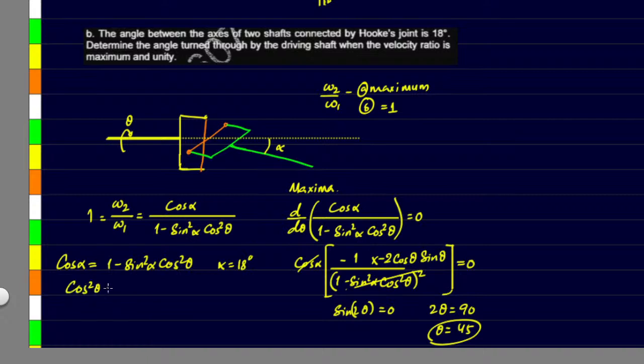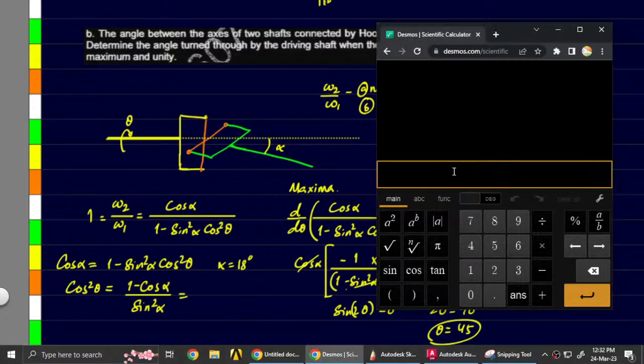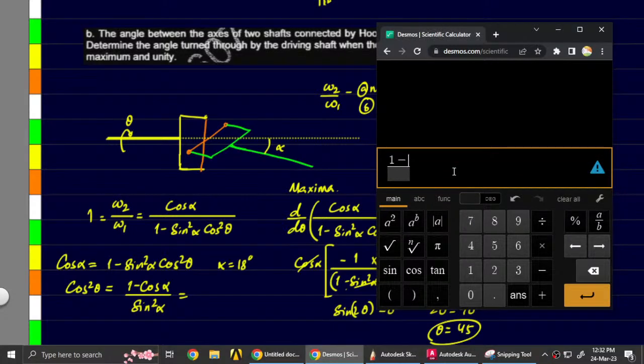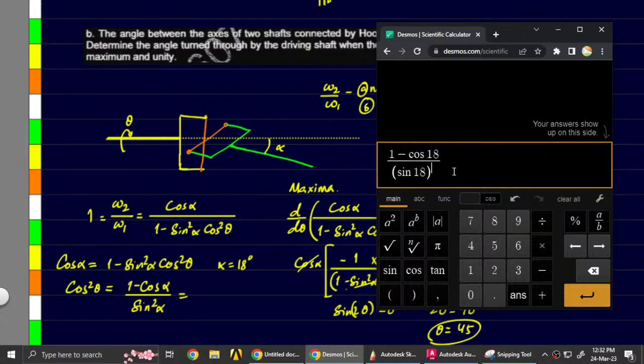So cos square theta is going to be 1 minus cos 18 divided by sine 18 square, 0.51.